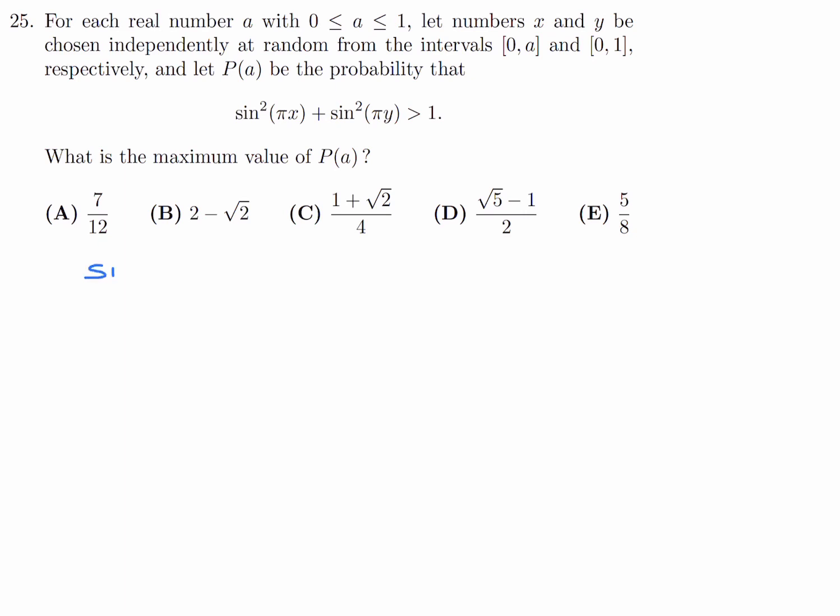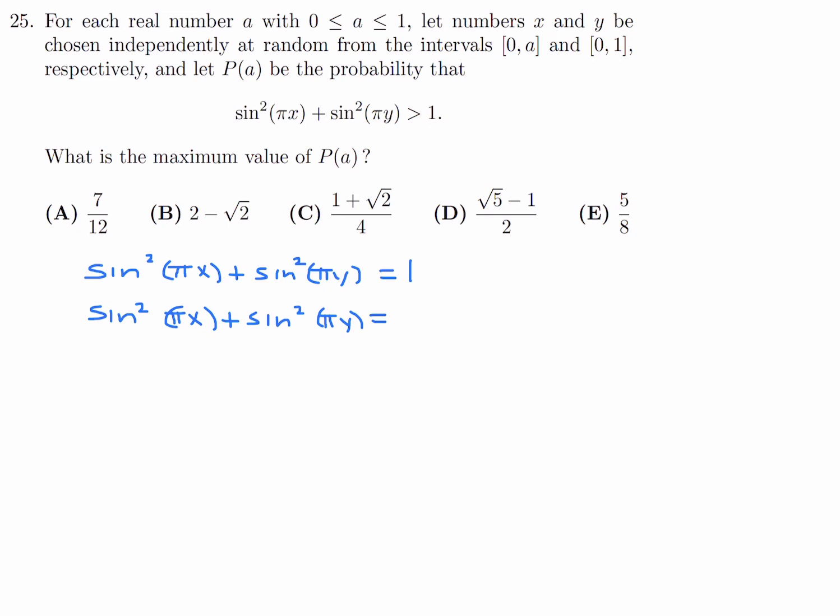So we have sine of pi x all squared plus the sine of pi y all squared, and that is greater than 1. So what I'm going to do is look at the boundary first, and then we'll talk about the greater than. So the boundary would be the 1. Now, we know from our trig identity that 1 can be written as sine squared anything plus cos squared anything.